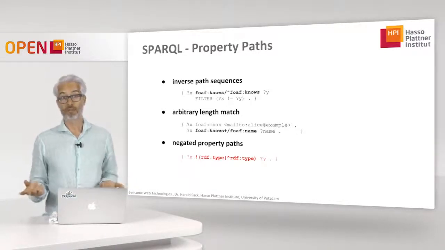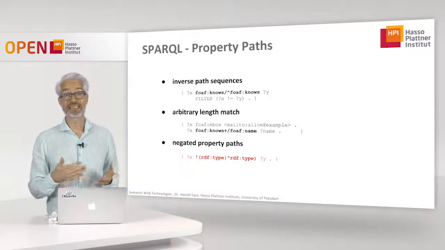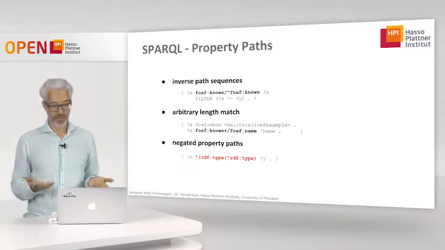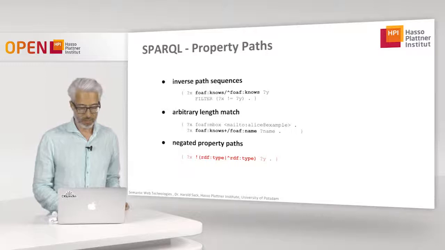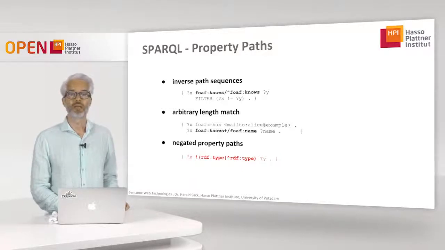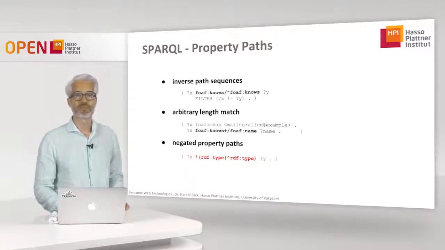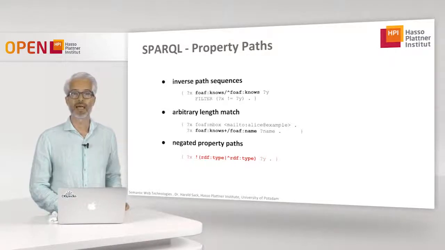The last thing you can also do is negate entire property paths. So let's have a look at the example here. What do we have here? In this triple pattern, we have a subject and an object, y and x.